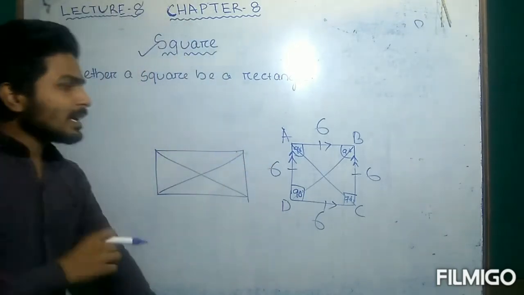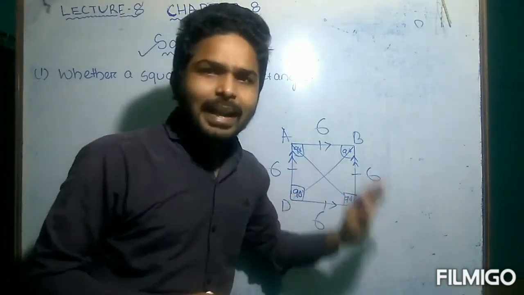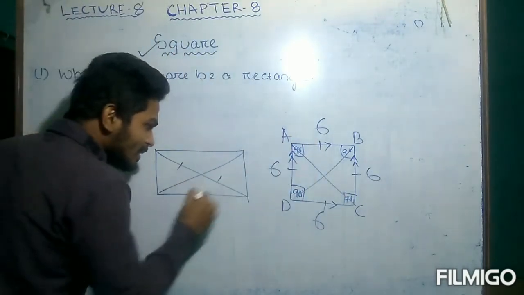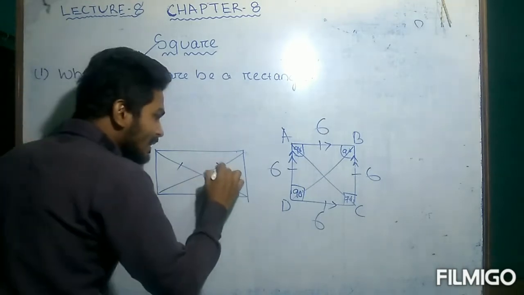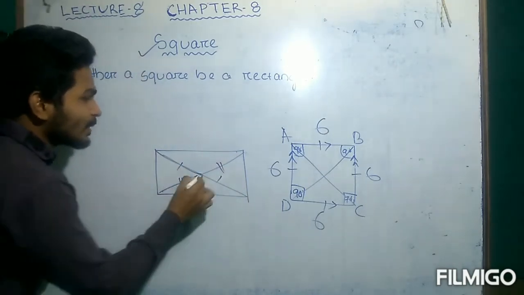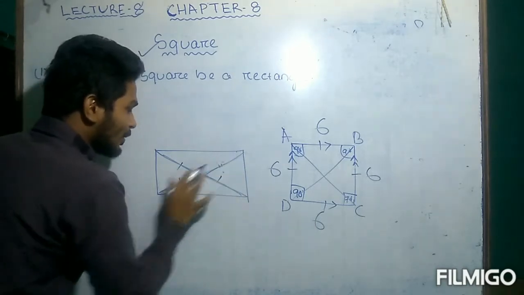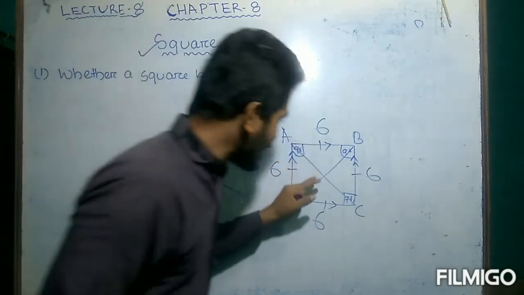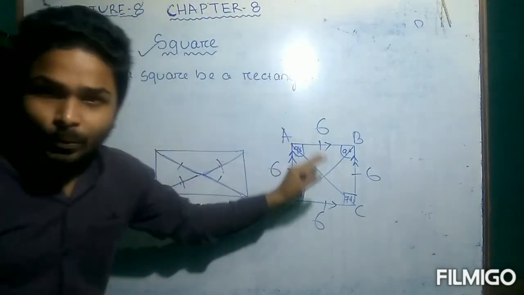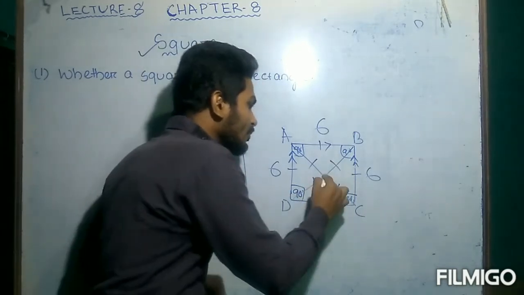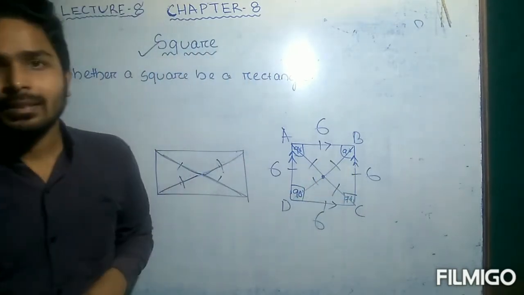Sixth condition is that the two diagonals bisect each other in case of a rectangle. It means this is equal to this and this is equal to this. Or you can say this is equal to this is equal to this is equal to this. So here also we have the same result. In case of a square, the two diagonals bisect each other at the point of intersection.